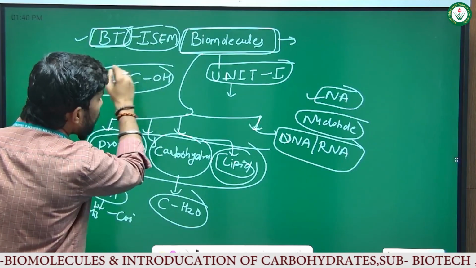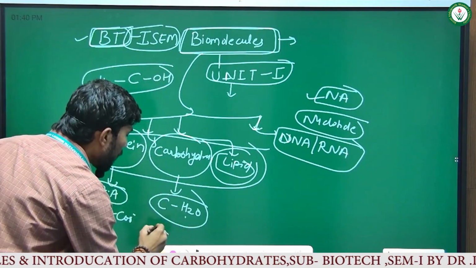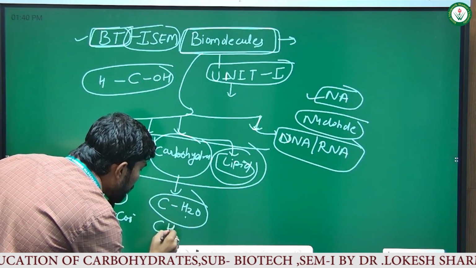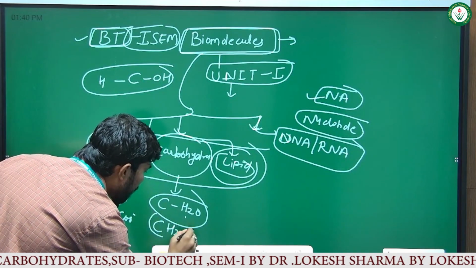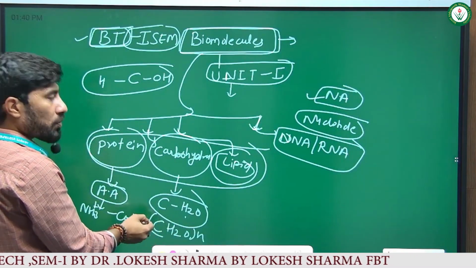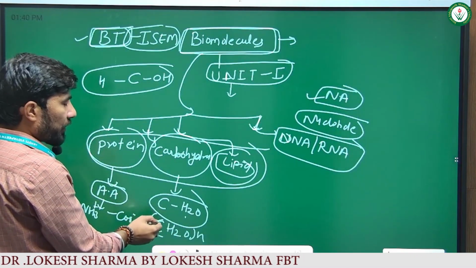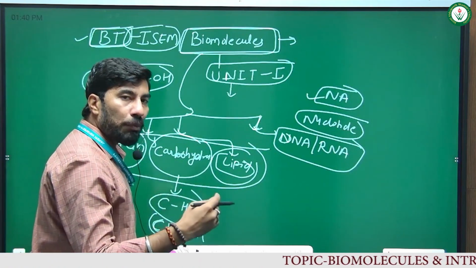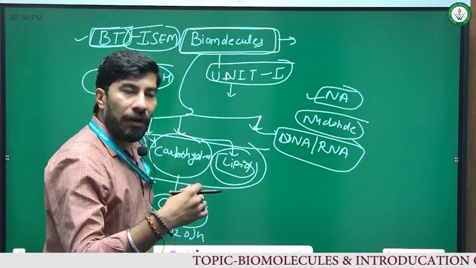The empirical formula of carbohydrate is CH2O n. It means that by increasing the H2O unit and the carbon unit, we can make a number of carbohydrates made up of a number of carbon units.